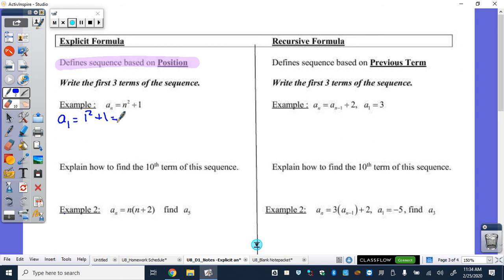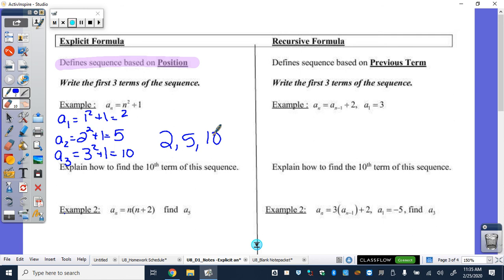So 1 squared plus 1 gives us a 2. Our second term means you plug in a 2, so 2 squared plus 1, 5. Then for our third term, you plug in a 3, so we get 10. So 2, 5, and 10 are our first three terms of that sequence.